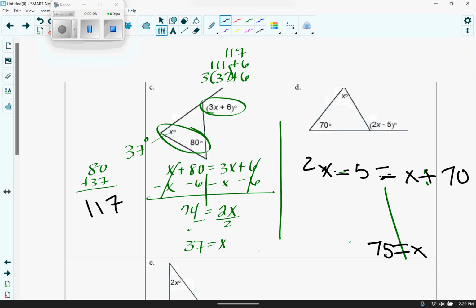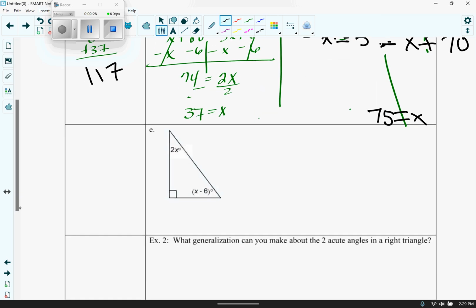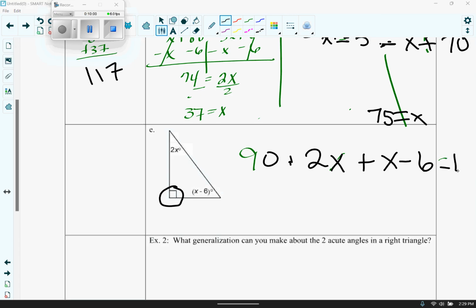And we're almost done. That's why I'm going to keep on going here. This last one, don't forget that this is a 90 degree angle right here, and it's a sum. So we're going to say 90 plus 2x plus x minus 6, and that's going to equal 180.